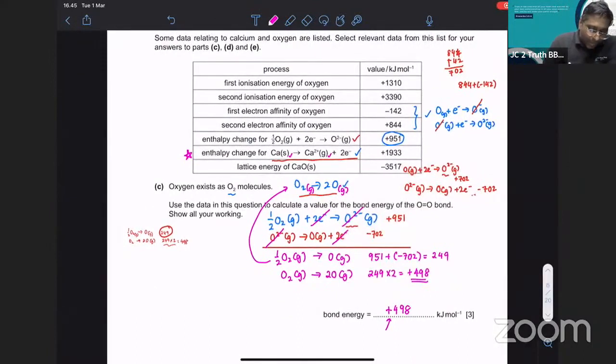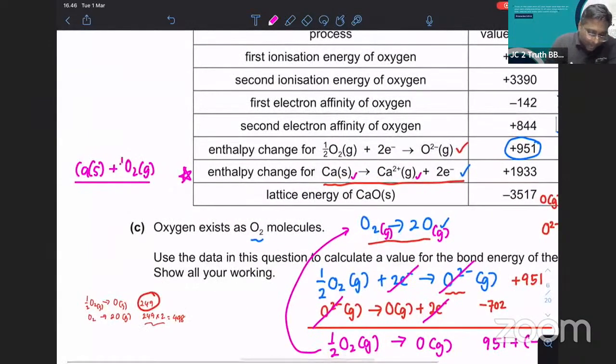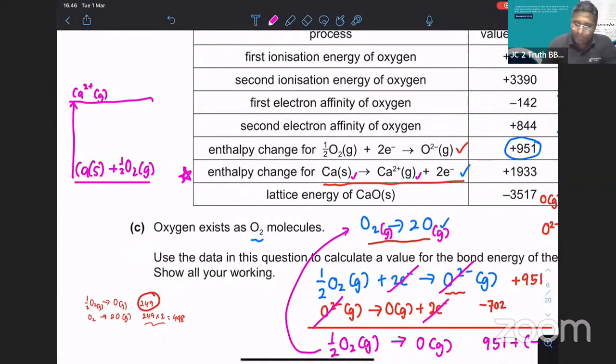So from Ca, which is solid, I'm trying to react with O2, which is gas, and this one is half, which is going to give me CaO. Here they have bypassed certain equations. They reach this part, which is calcium 2+ gas, and then you have 2 electrons.